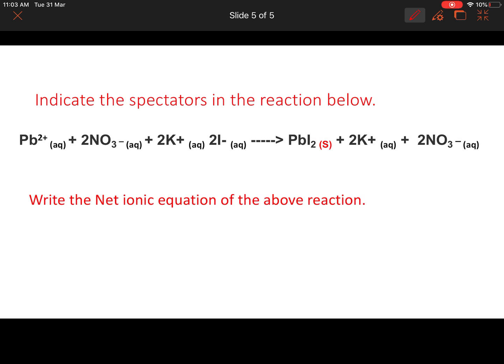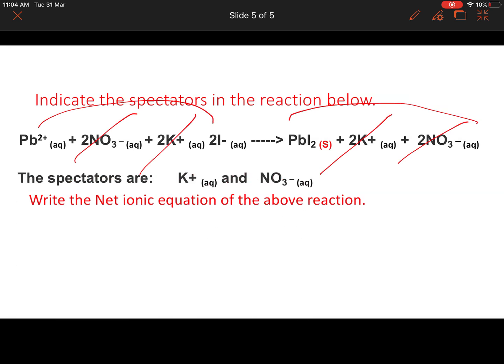Spectators are ions or chemical species that are not part of the chemical reaction. So here, if you look at the right hand side and left hand side, you will see some ions that are the same. So we can cancel them. Those ions are called the spectators, which are K plus and NO3 minus.